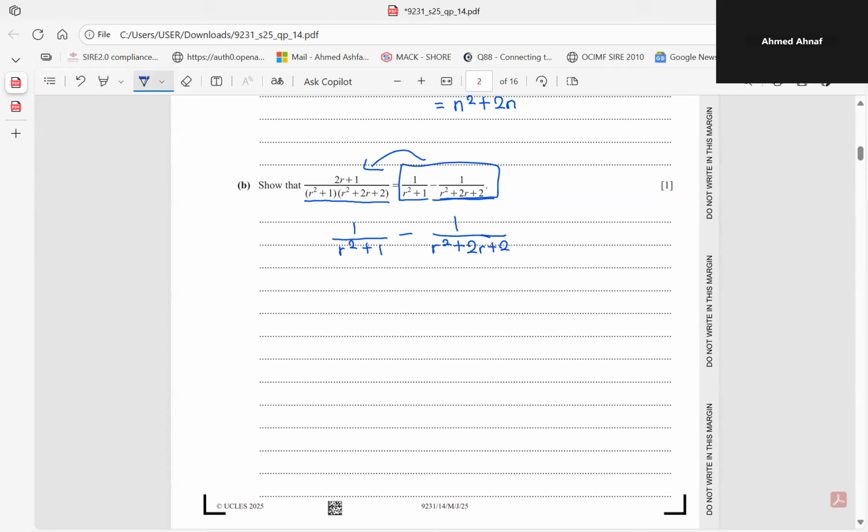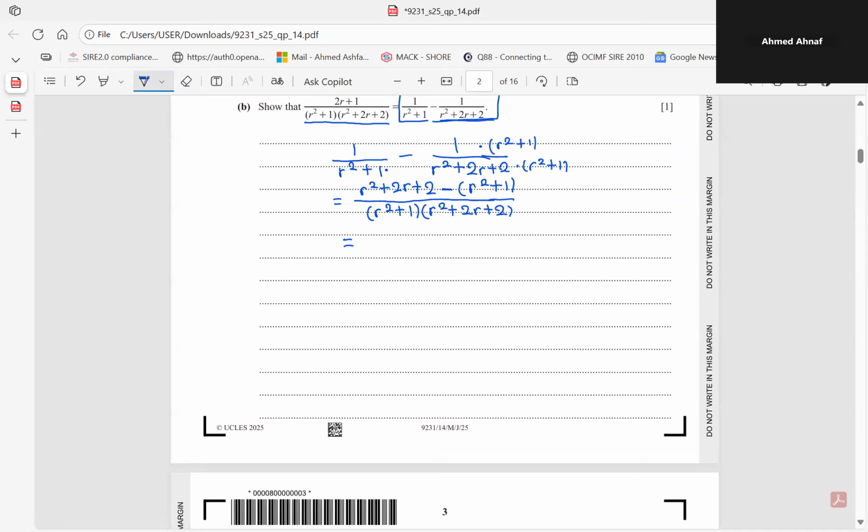And now we're going to make the denominator the same, to combine this into a single fraction. So this would be r squared plus 1 times r squared plus 2r plus 2. For the first fraction, this would be multiplied by this, and hence the numerator would be r squared plus 2r plus 2. And then minus, since you're multiplying by r squared plus 1, this will also be multiplied by r squared plus 1. So this is r squared plus 1.